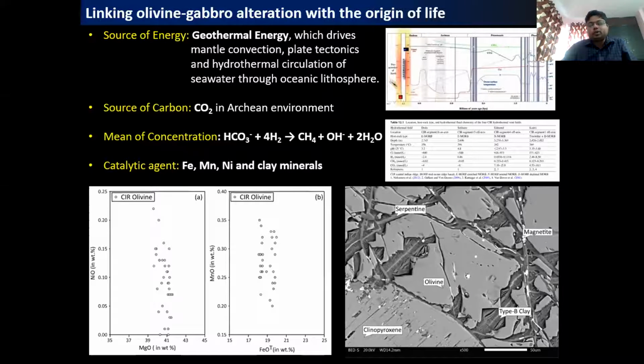One olivine, when it dissolves, produces 2 to 3 mole of hydrogen. But in the olivine gabbro system, it produces 30 nanomole. But people have found in this extreme geochemical environment that chemosynthetic bacteria can survive at hydrogen concentrations as low as 2 nanomole. So if it can produce 30 nanomole, it is much more than sufficient.